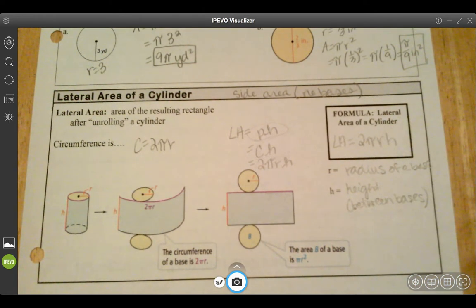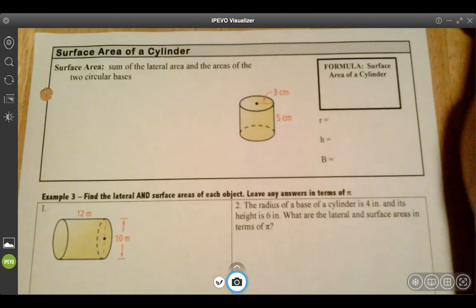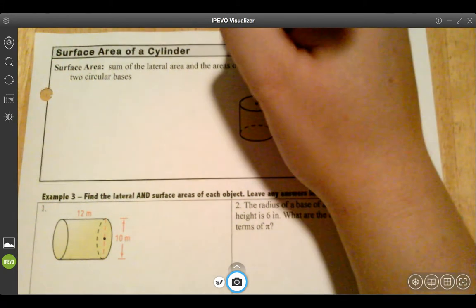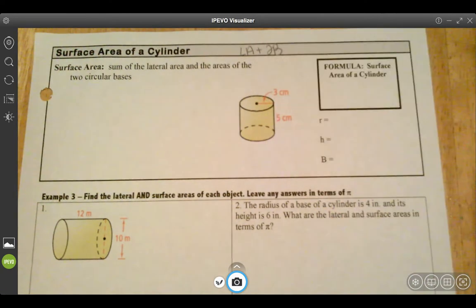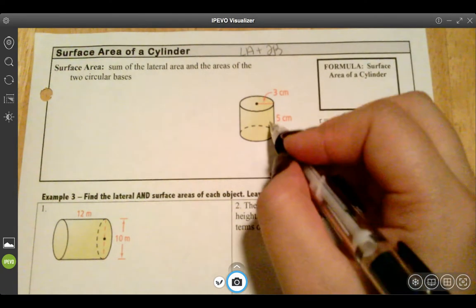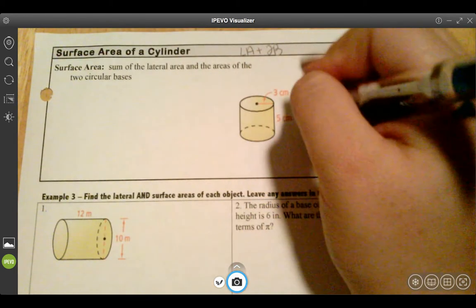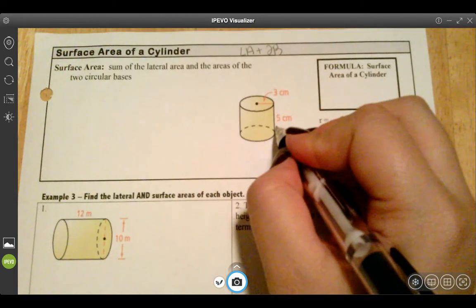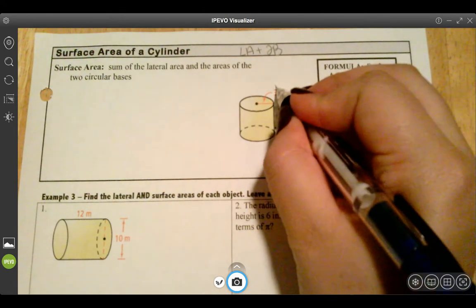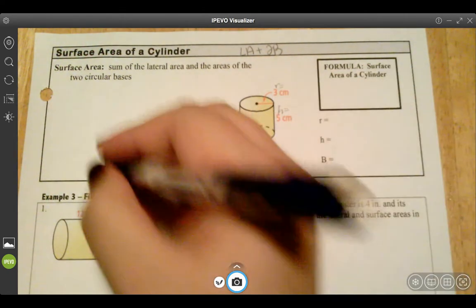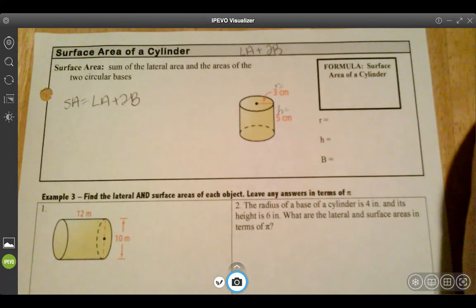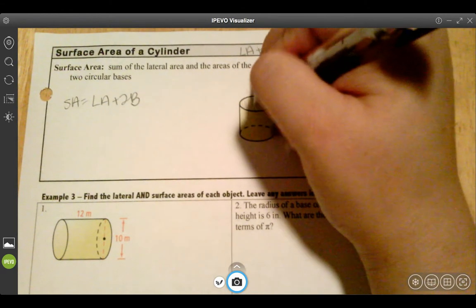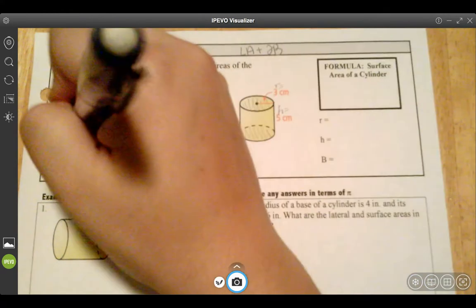Let's look at the formula for surface area. Surface area is when we're actually adding the bases in. So this is still the lateral area plus 2 bases, but now our lateral area is specific to a circle. If we're looking at a cylindrical shape, we have the height is 5, the radius is 3. So we can say the surface area is lateral area plus 2 bases. Same formula as before, but we can simplify it.